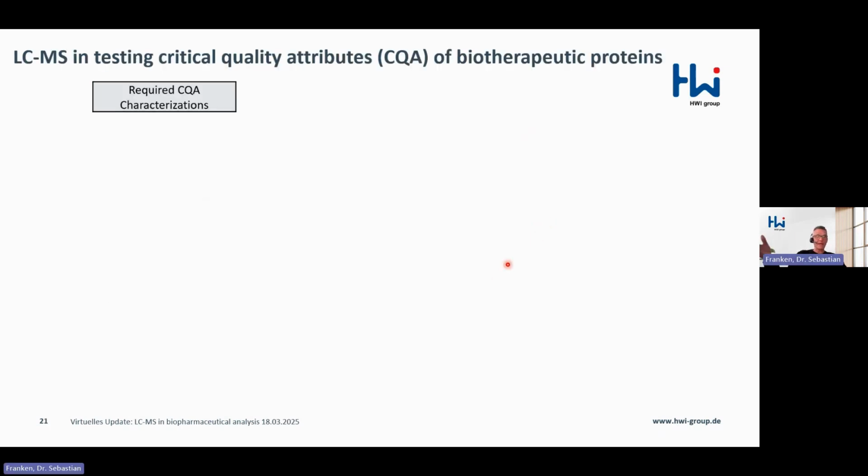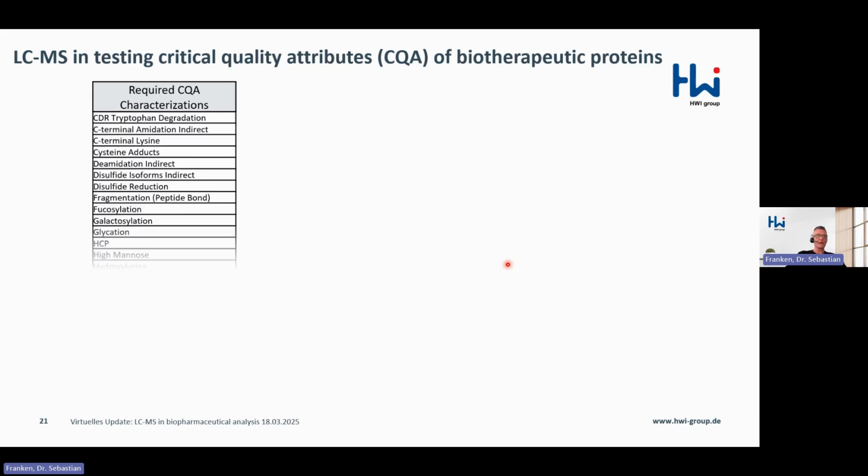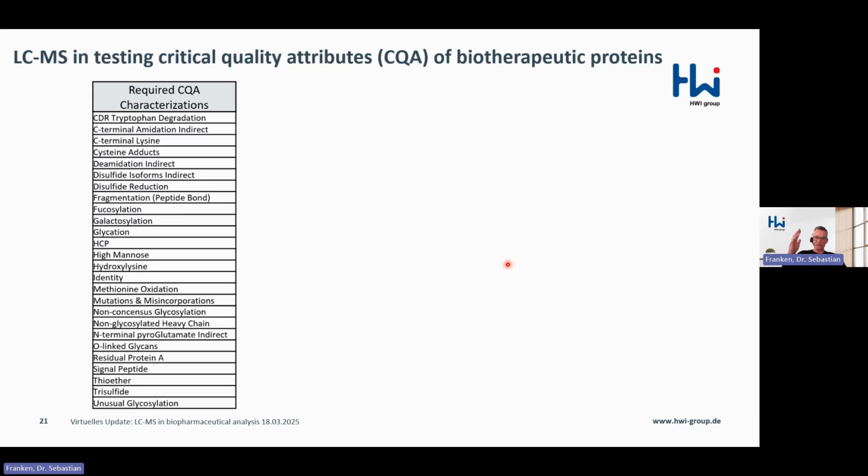Okay, so we have, of course, these critical quality attributes that we have to test, and you can make a list that is much longer than the list that I showed you before. I made one. Also, this list is not complete, but it gives a good overview of what you might have to check with your antibody or protein product, at least in the beginning.